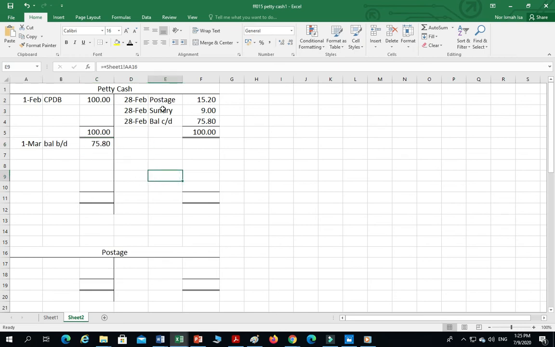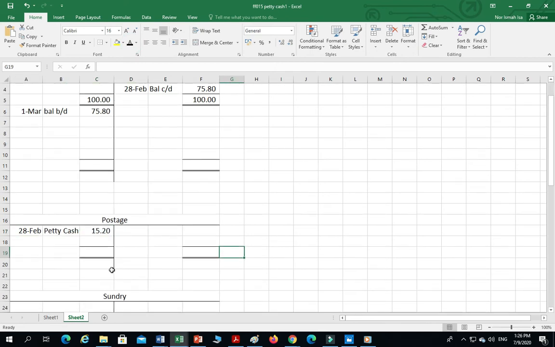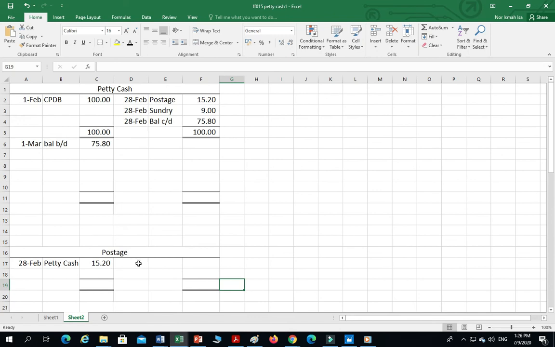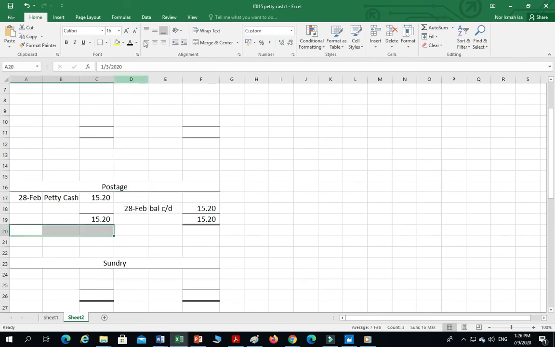Since you already posted for postage and sundry, you need to post this as a double entry transaction to the postage account. This is a credit petty cash, so the postage should be debit with the amount. So this is the amount, and for this month we close the account. So the balance for this one is 1520.